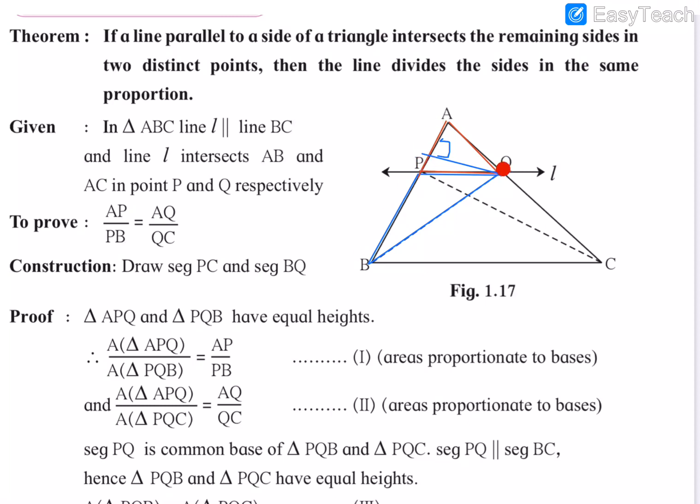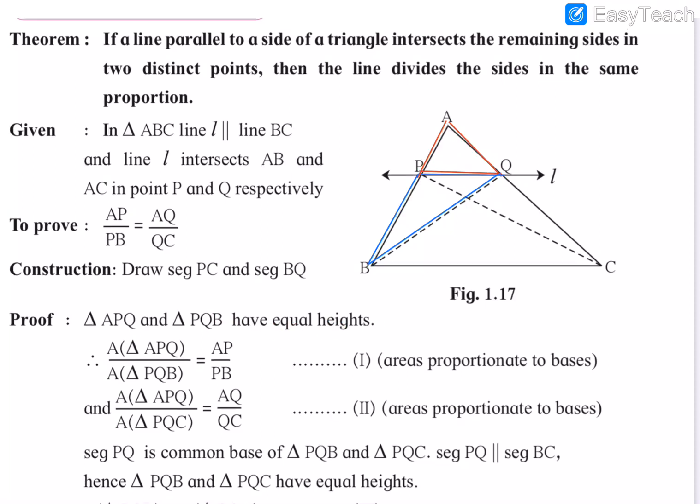So the height of the triangle PQB or BQP can be found by extending this side and drawing a perpendicular. Since it is more than 90 degrees, the height of this triangle will be made here. So this height will be common for both the triangle APQ and triangle PQB. So their height is common, which means that both the triangles APQ and PQB have equal heights.